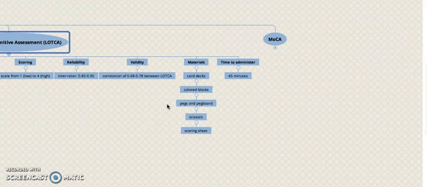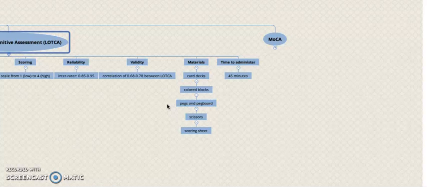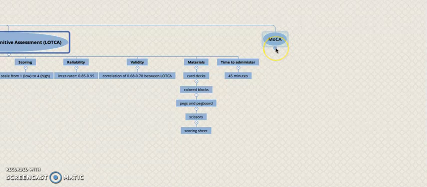With scoring, it's on a scale from 1, being low, to 4. Reliability is excellent for inter-rater, and validity correlates highly with the LOTCA. Materials include card decks, colored blocks, pegs, a pegboard, scissors, and a scoring sheet. Time to administer is 45 minutes.